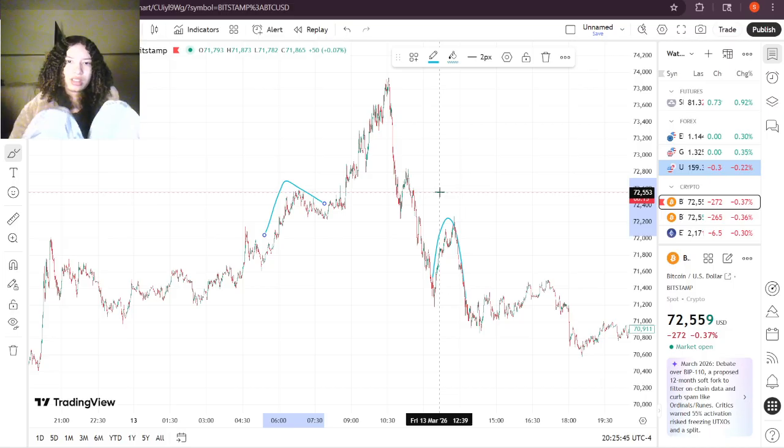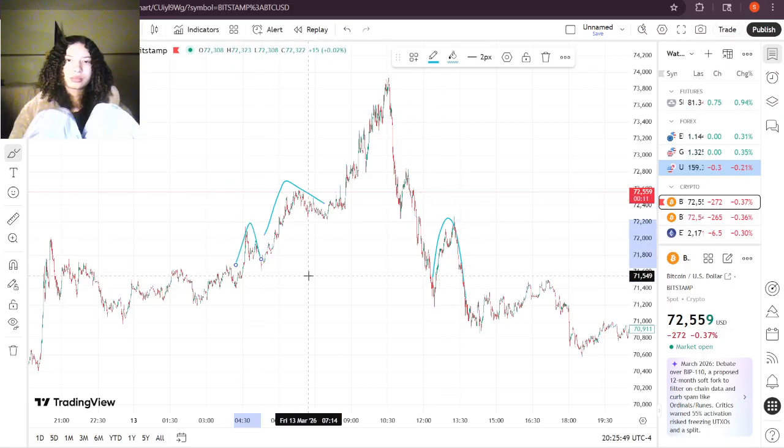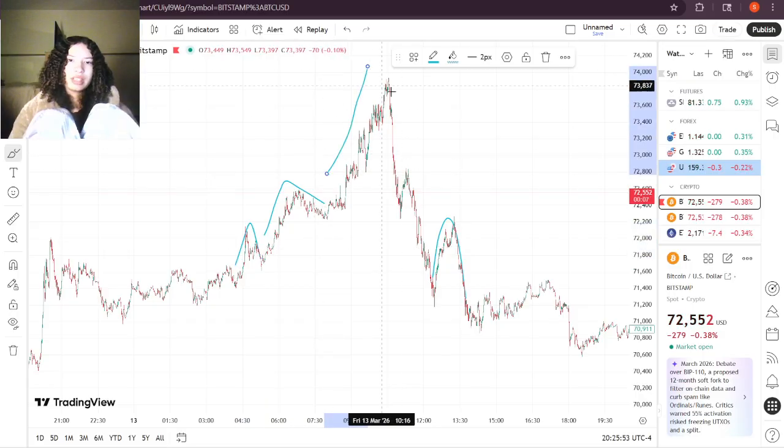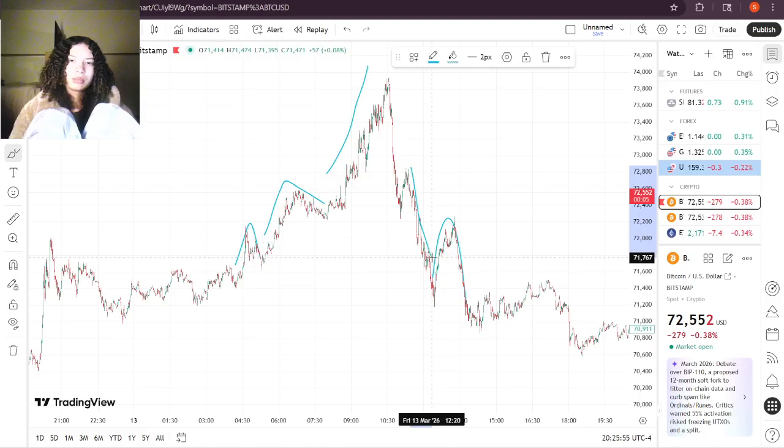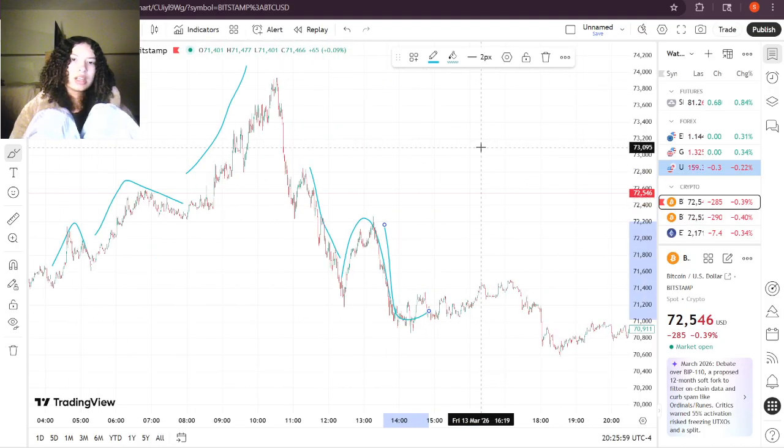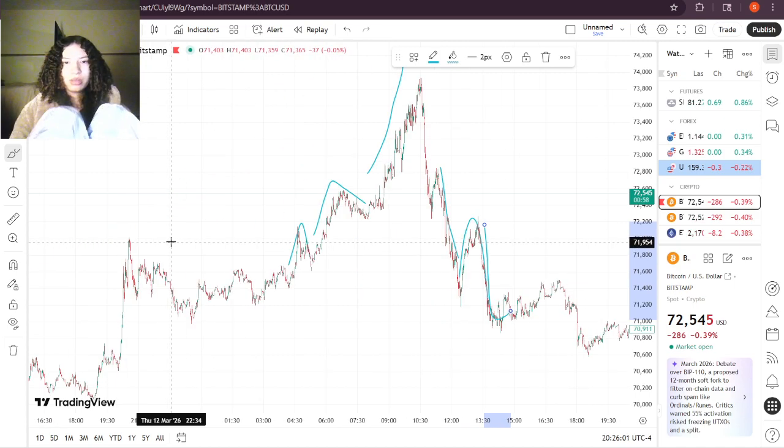You have this rocky upswing. So there are two noticeable humps on both sides.